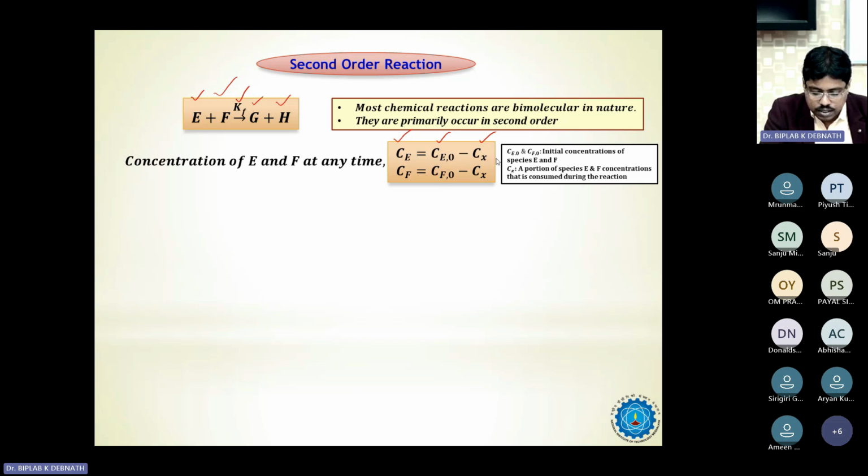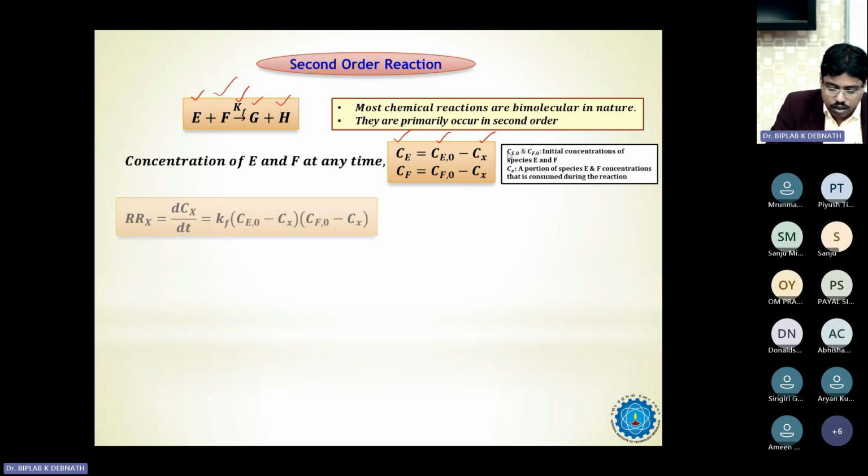From there, Cx quantity of each of the substances takes part in the chemical reaction, so this is considered an equal quantity for each. If it is the case, then the reaction rate equation we can write as dCx/dt, the change of Cx concentration, is equal to Kf times (Ce naught minus Cx) times (Cf naught minus Cx).